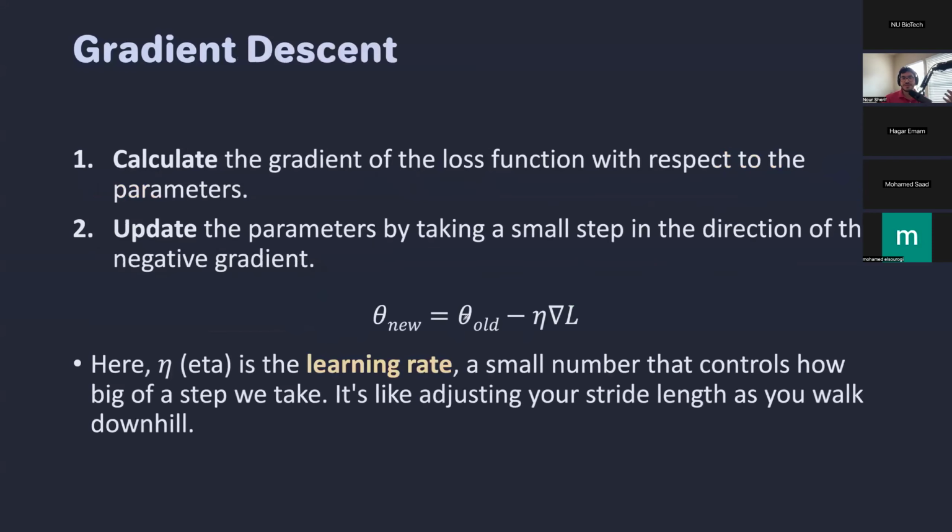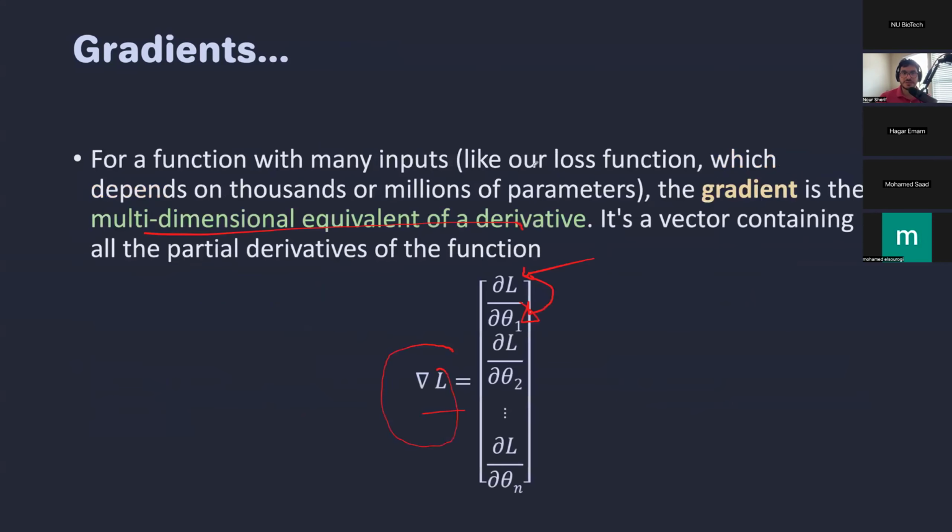So how this works in deep learning is we start by calculating the gradient of the loss function with respect to the parameters. This is exactly what we said here. So this is the gradient. We compute this vector of gradients, which is a derivative of the loss with respect to every parameter.